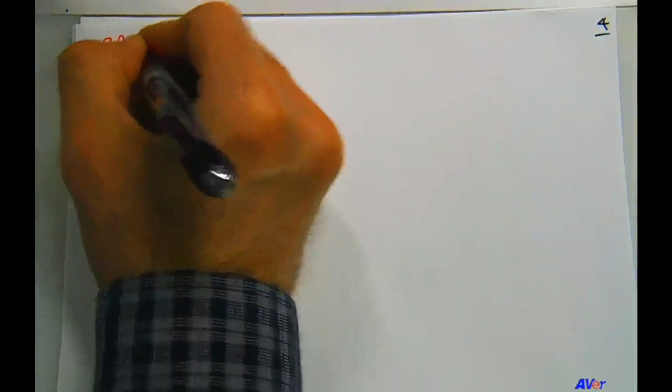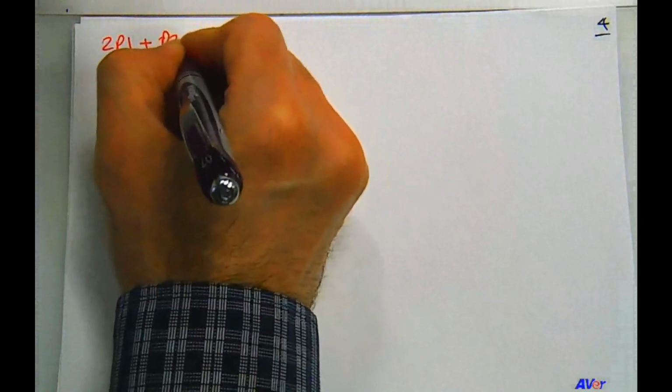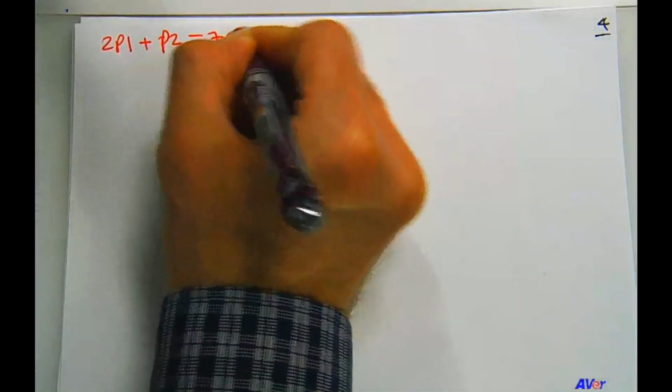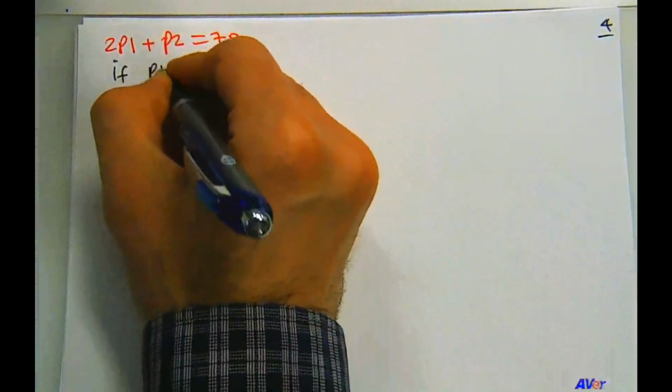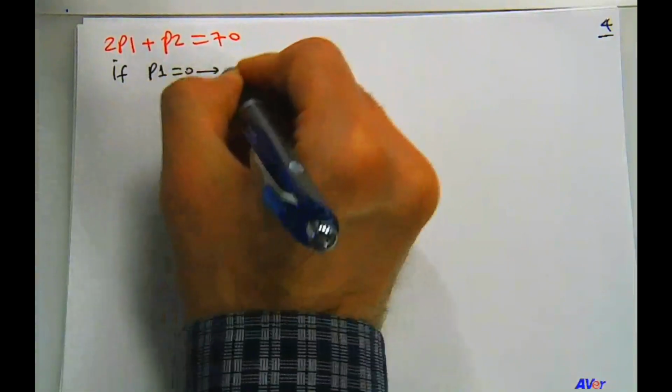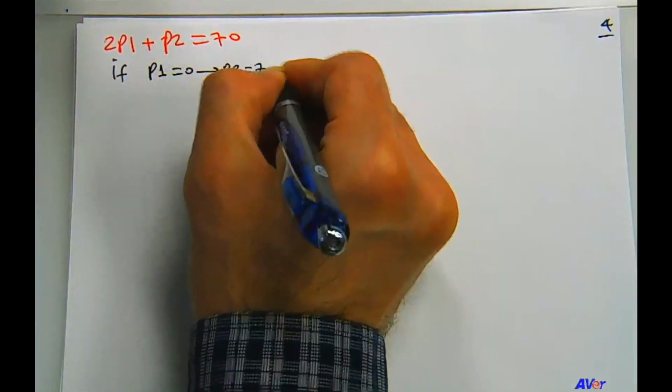All right, first let's find this line, 2P1 plus P2 equals 70. If P1 equals 0, then P2 equals 70.